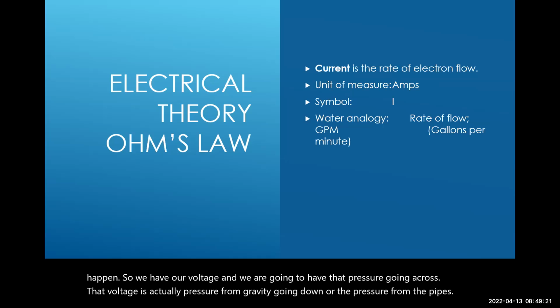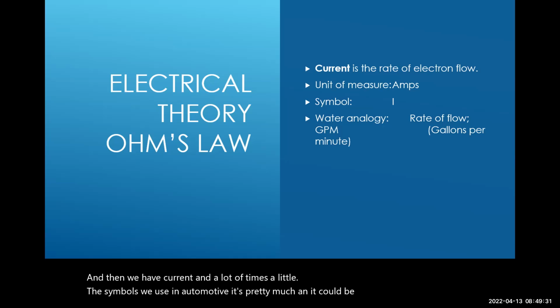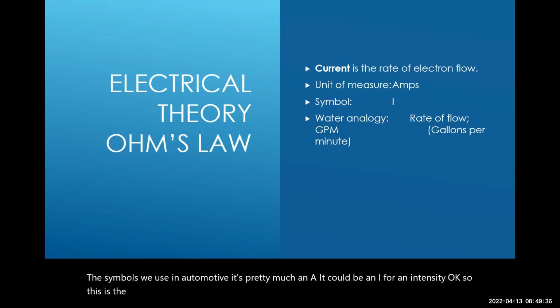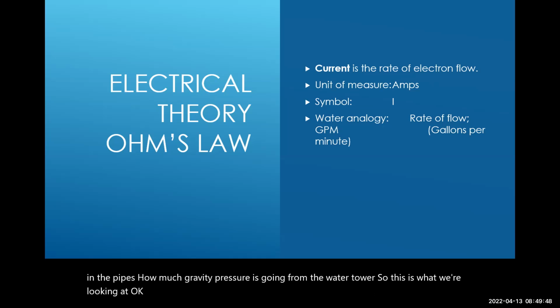And then we have your current. A lot of times, the symbol we use in automotive is pretty much an A. It could be an I for intensity. Okay, so this is going back to the water tower again, or actually your pipe. How much pressure is in the pipes? How much gravity pressure is going from the water tower? Okay, I'm sorry. We're kind of messed up there a little bit, but how many gallons flow? That's what I was really looking for.